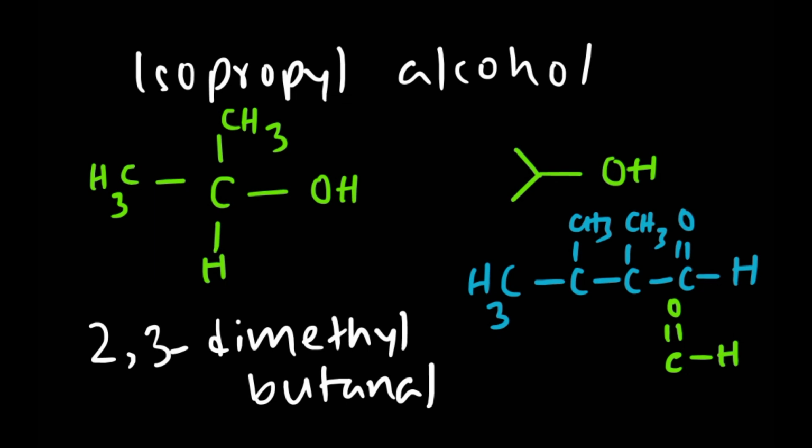Then 1, 2, 3, and in position 2 one methyl group, and in position 3 one methyl group. So this is the bond line structure for 2,3-dimethyl butanol. Okay, clear?